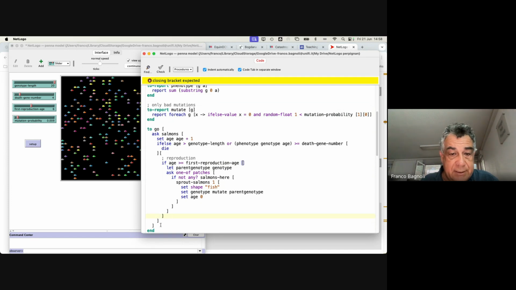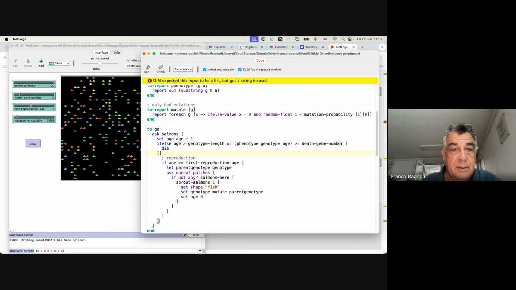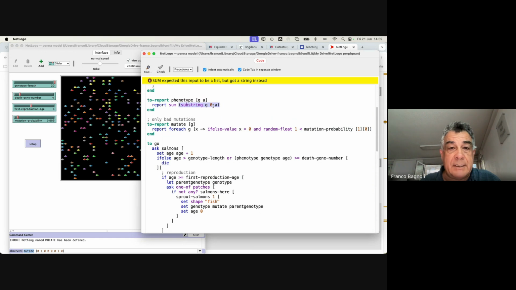Closing bracket expected, this is not okay. So first of all, let me save, then we can try. So mutate 0 1 0 0 0 0 1 0. Mutate, something is expected to be a list, but got a substring; it is sublist probably.